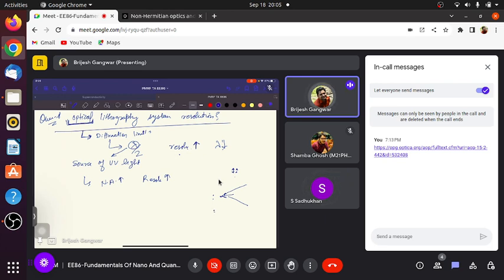So for resolution you have to collect the light from the wider angle, sorry, or smaller angle. So numerical aperture is one constant in the optical lithography. So these two are the main things to increase the resolution of optical lithography.